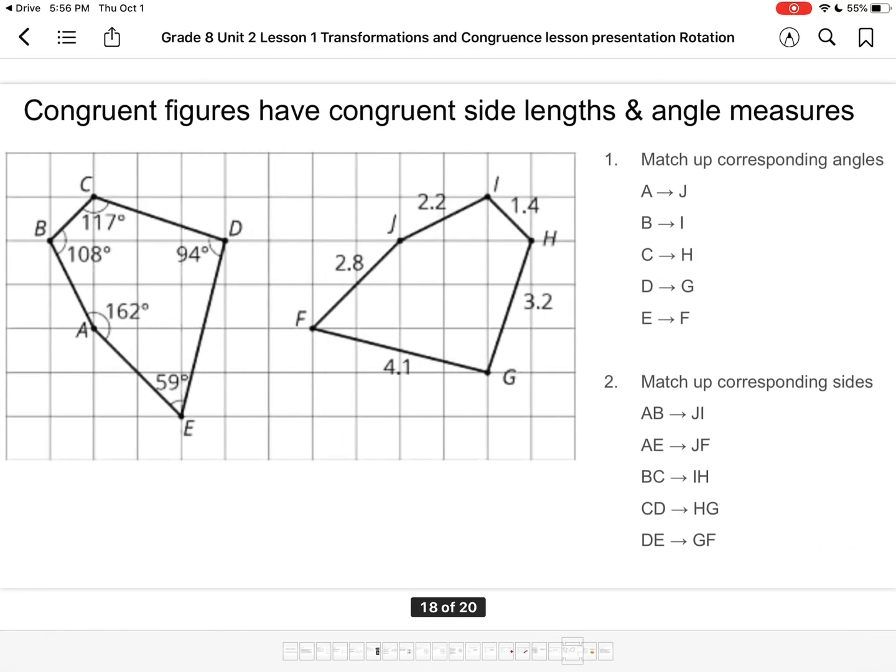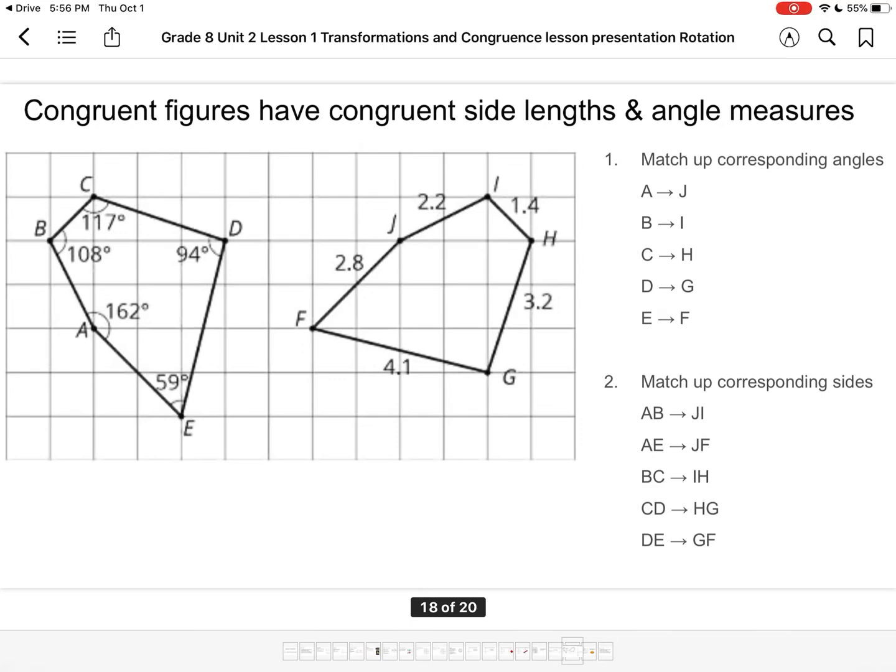If we're told that 2 figures are congruent, then we know that they have the same corresponding side lengths and angle measures. And so to fill in the blanks, we need to match up corresponding angles and sides. So I matched up A to J, B to I, and so on. And now I can fill in the missing numbers on each figure.